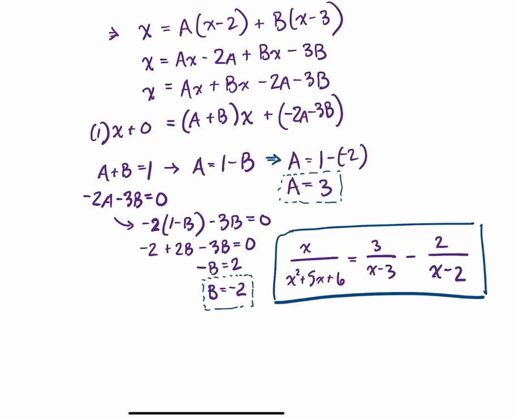There is a second approach that we can take starting from this point. So I'm going to copy down that line here. We have x equal to a times x minus 2 plus b times x minus 3.